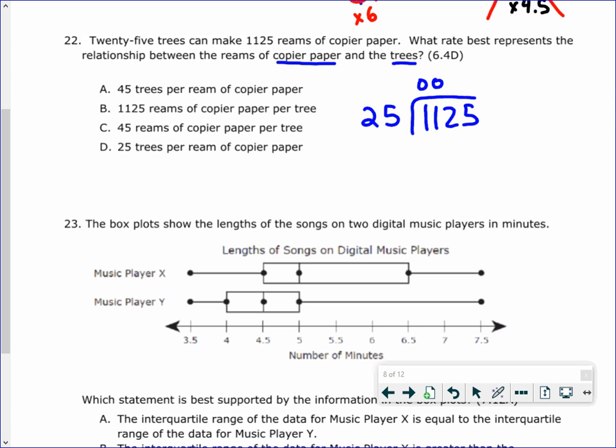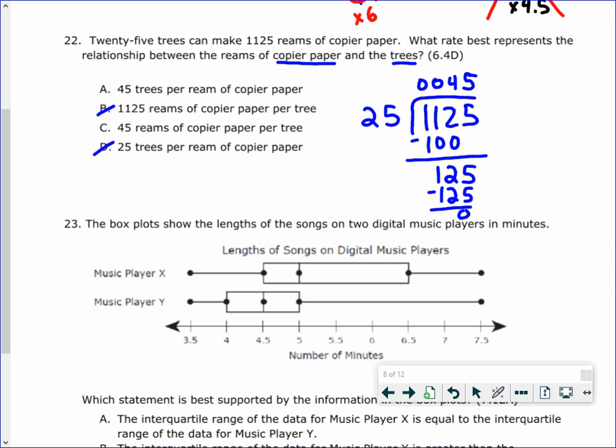Looks like 25 goes into 112 4 times, that's 100. 125 here, which is 5. Now comes the tricky part. Is it A or is it C? Well, let's see, which one makes sense? We know that there's more copier paper than trees. So let's see, 45 trees per ream of copier paper?